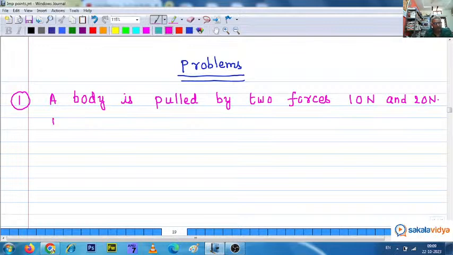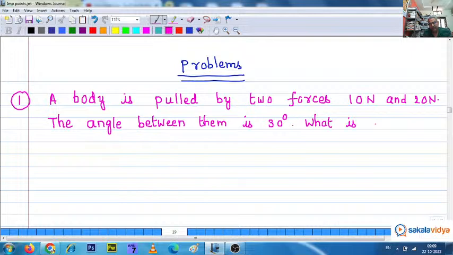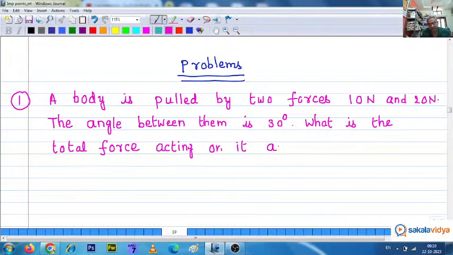The angle between them is 30 degrees. What is the total force acting on it and the direction of motion of the body?